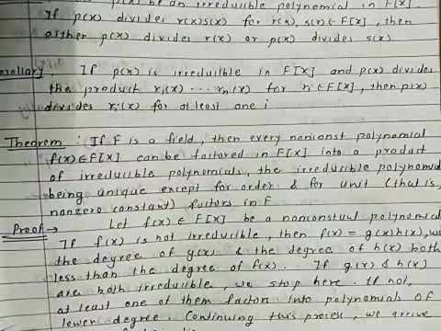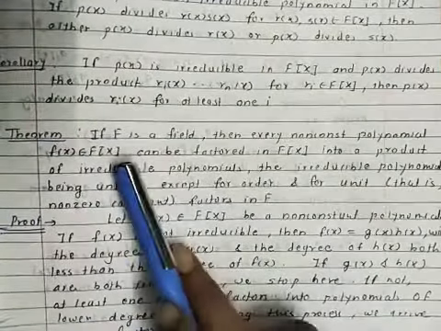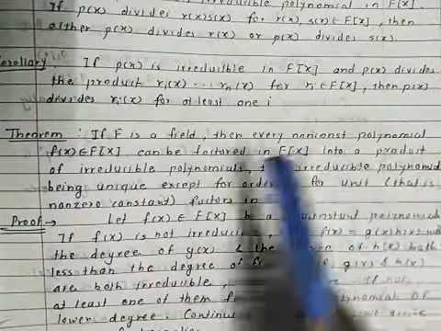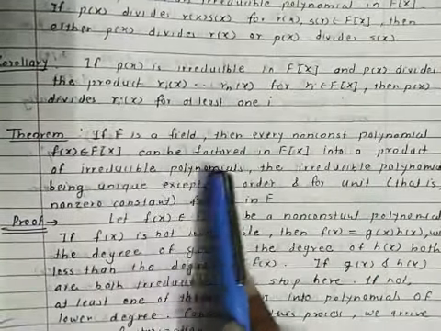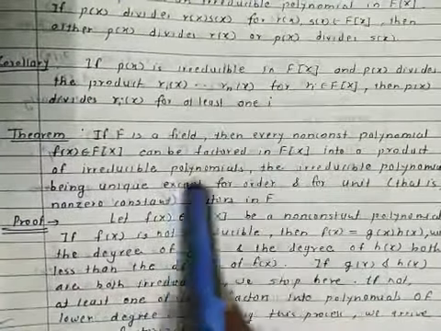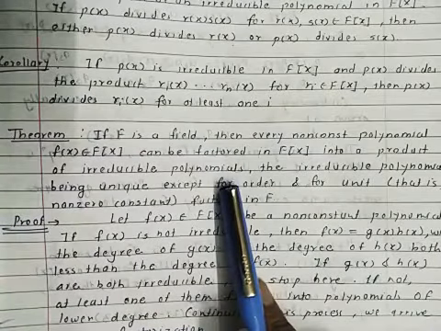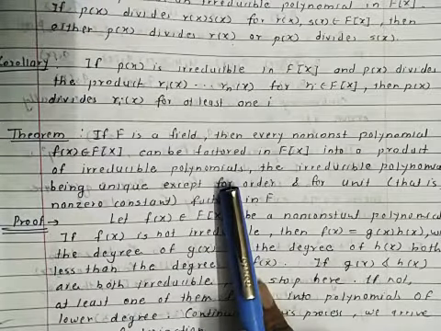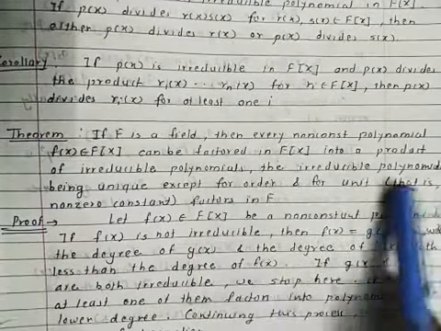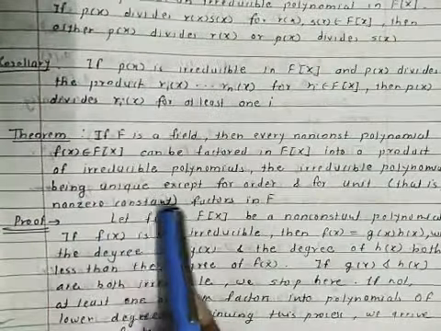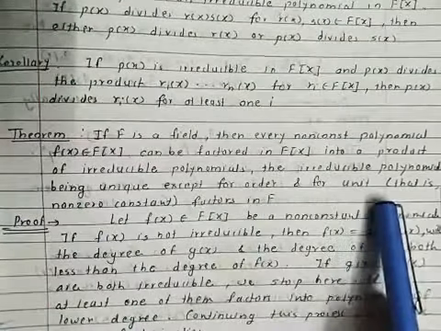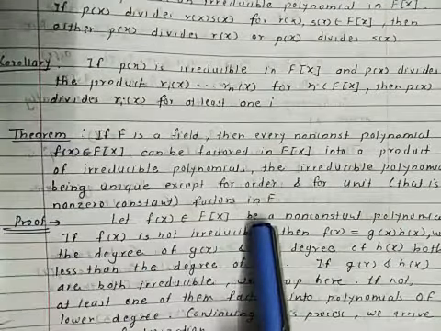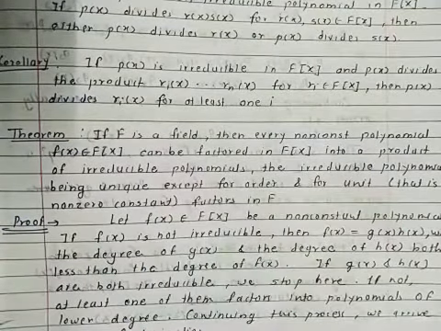Now for uniqueness, the theorem is: if F is a field, then every non-constant polynomial f(x) belonging to F[x] can be factored in F[x] into a product of irreducible polynomials, the irreducible polynomials being unique except for order and for unit, that is, a non-zero constant factor in F. What does this theorem state?